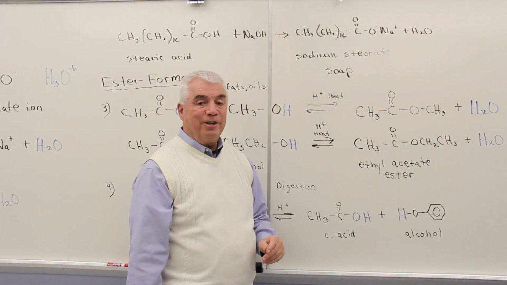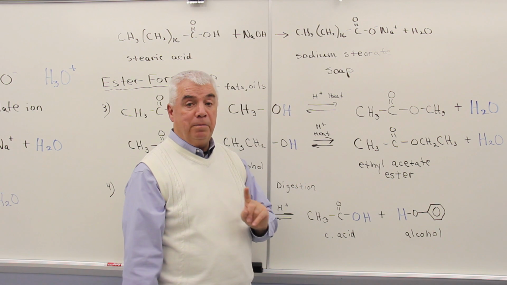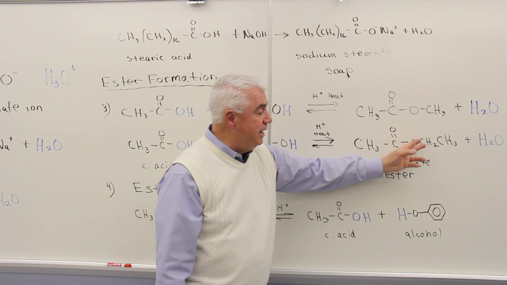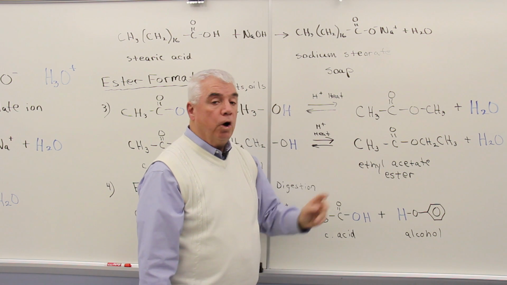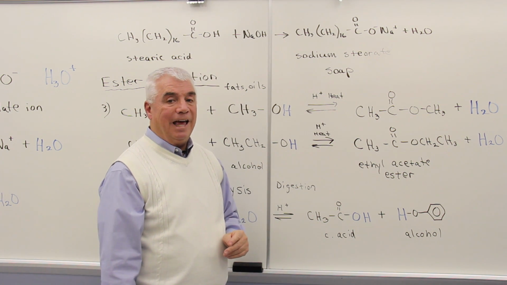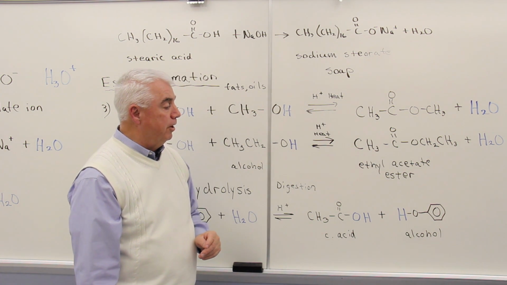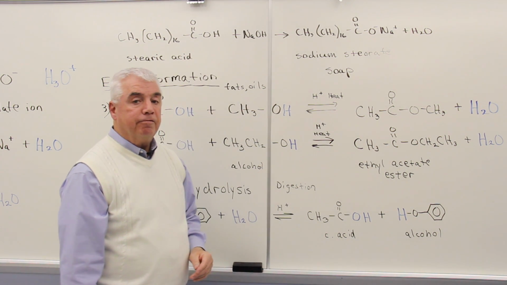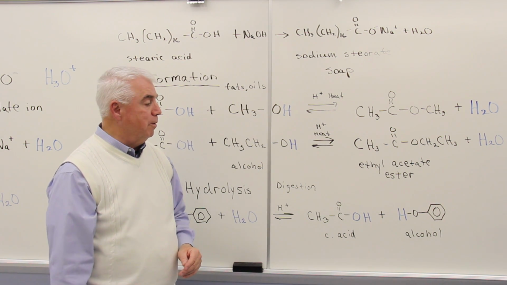You're not required to know common names. Its IUPAC name, though, we'd like you to be familiar with. It would be ethyl, and then a 2-carbon carboxylic acid, ethanoate: ethyl ethanoate. And this particular material is the active component in fingernail polish remover.